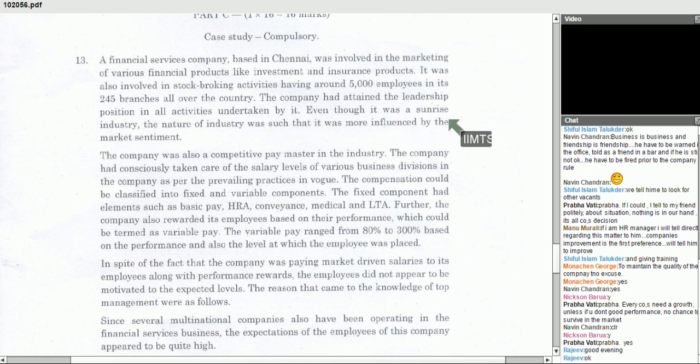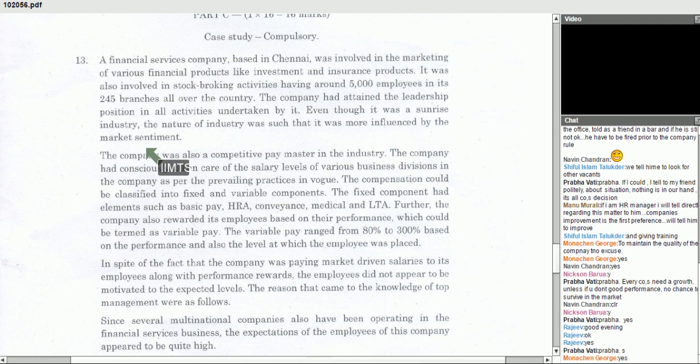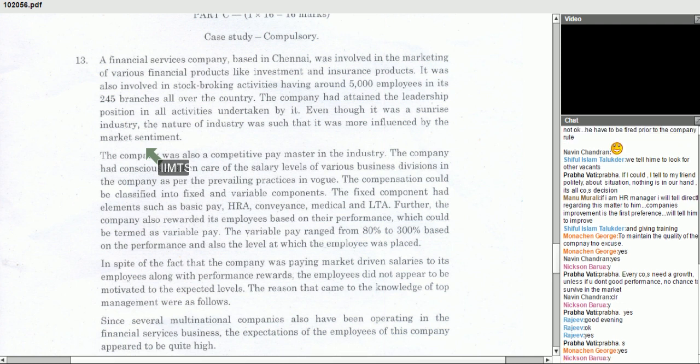Even though it was a sunrise industry, the nature of the industry was such that it was more influenced by the market sentiment. So the company's revenue is influenced by the market sentiment. Clear, everyone? Till here, any doubts? This is the background of the company.